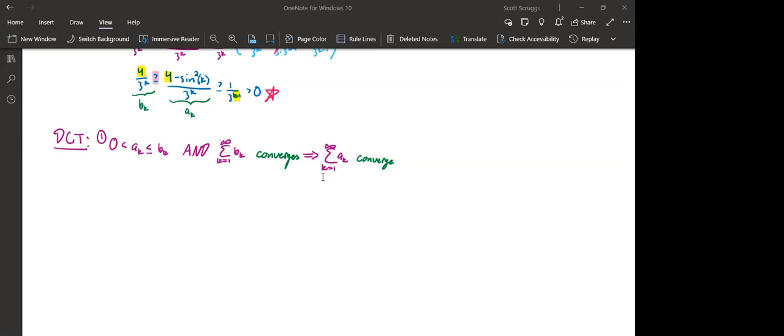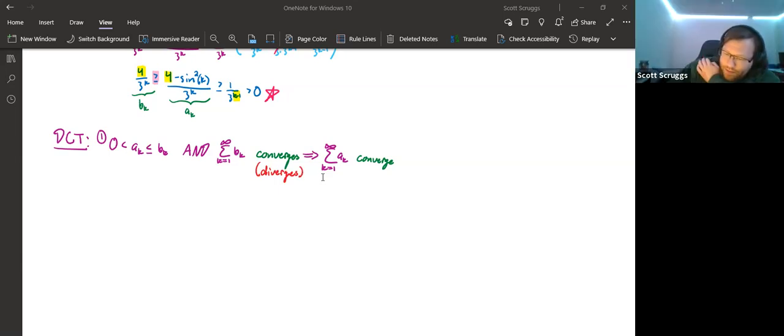If you've got diverges here for the series you're comparing with, then that means I do need to change the inequality I wanted to show. In that case, the inequality that I did want to show in that scenario would be that the terms of a_k are larger than b_k.